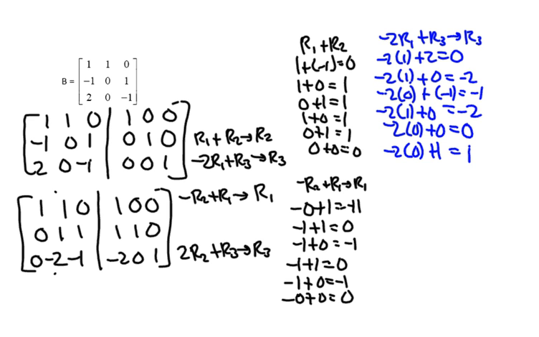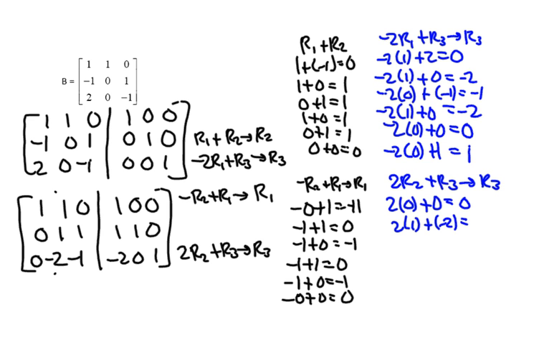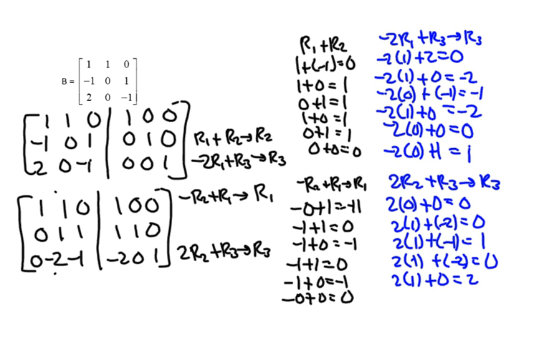Okay. Now, let's do 2R2 plus R3 is my new row 3. So 2 times 0 plus 0. 2 times 1 plus a -2. 2 times 1 plus a negative 1, 2 times 1 plus a negative 2, 2 times 1 plus 0, and 2 times 0 plus 1.